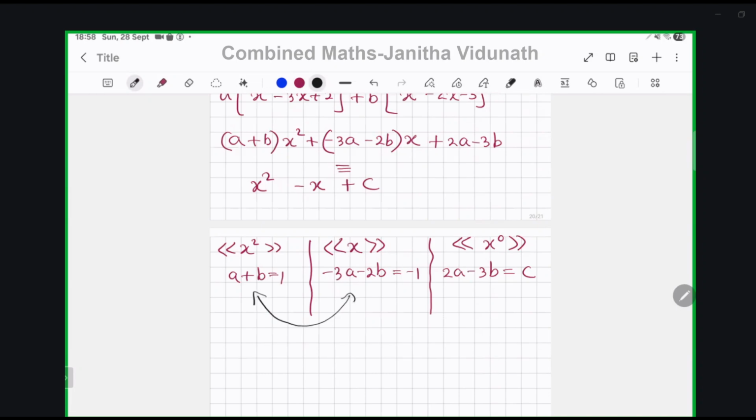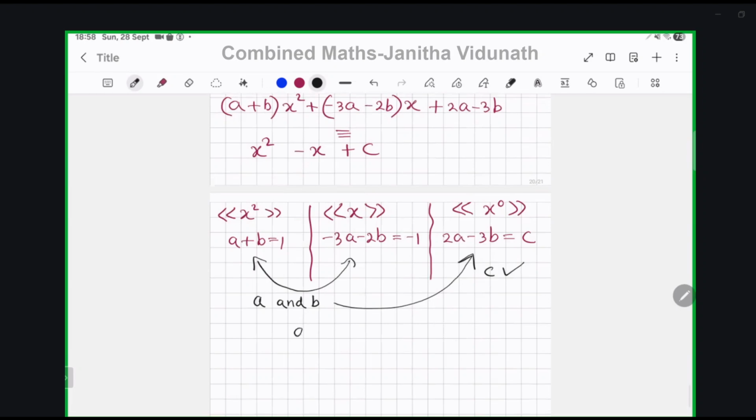By solving the first two equations, we can get the values of a and b. Then we can plug those values into the third equation to get the value of c. We have a plus b equal to 1, which is equation 1, and minus 3a minus 2b equal to minus 1, which is equation 2.